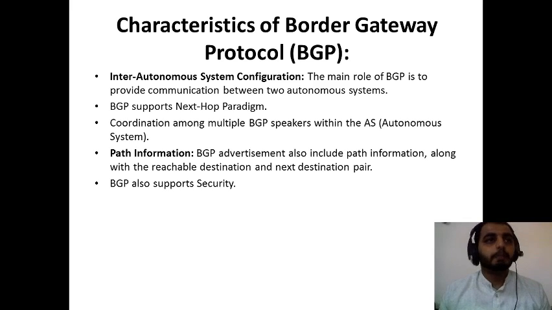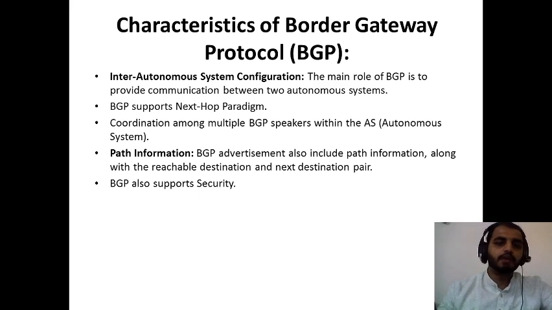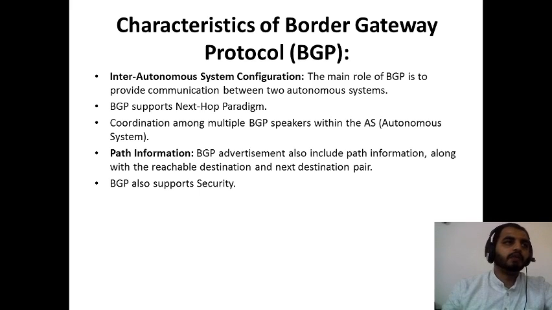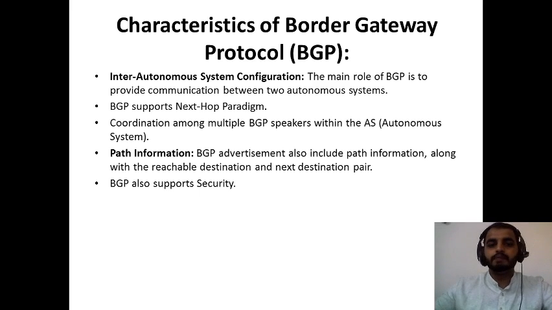So the path information should be remembered. It means the first packet which is transferring, for instance, there are three networks. The packet is to be delivered from router A to router Z.